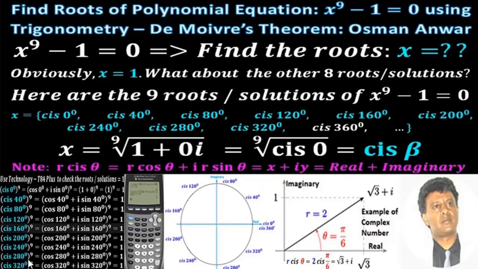Cis 320 degree to the 9, which is cosine 320 degree plus i sine 320 degree to the 9, you will get 1. Now let's go do the detailed solution.